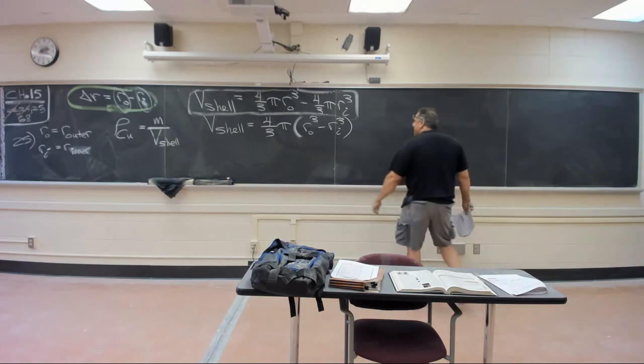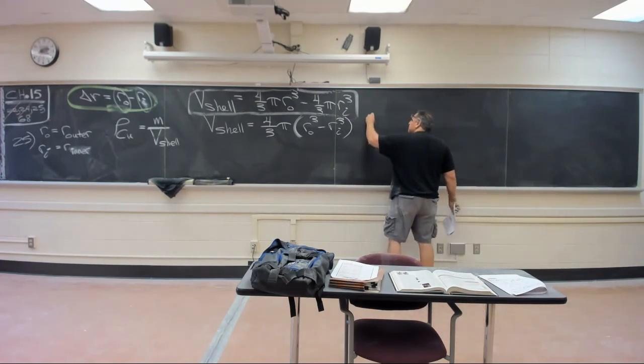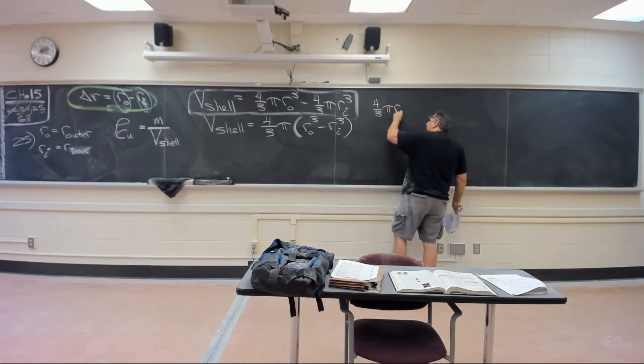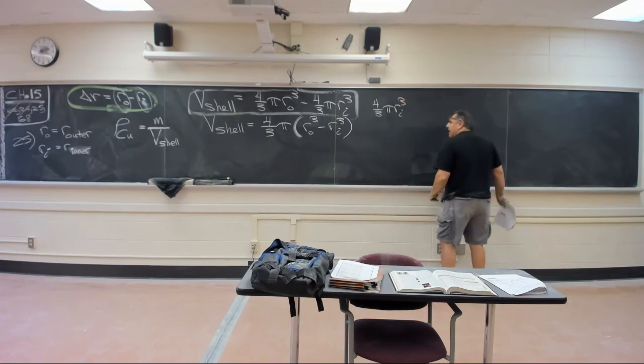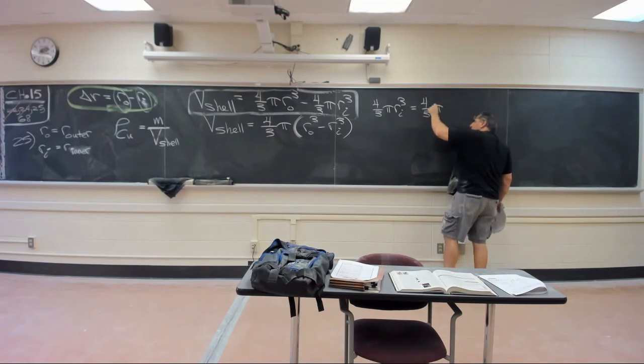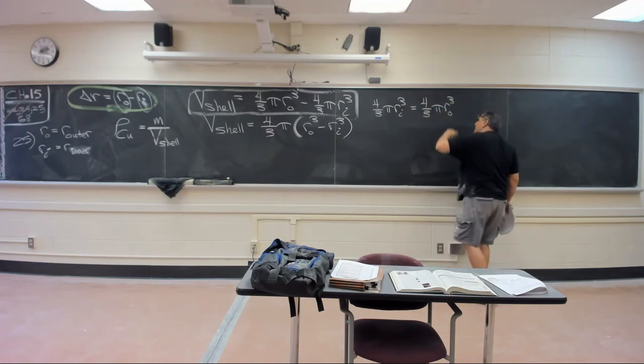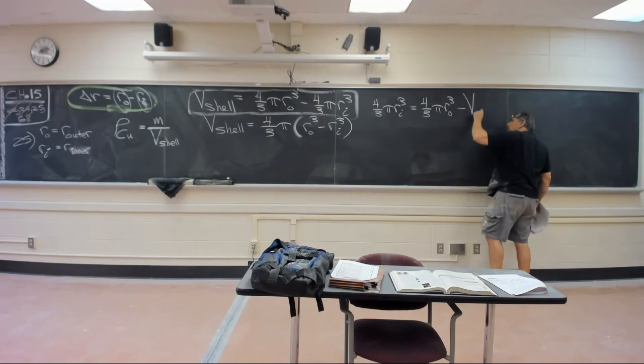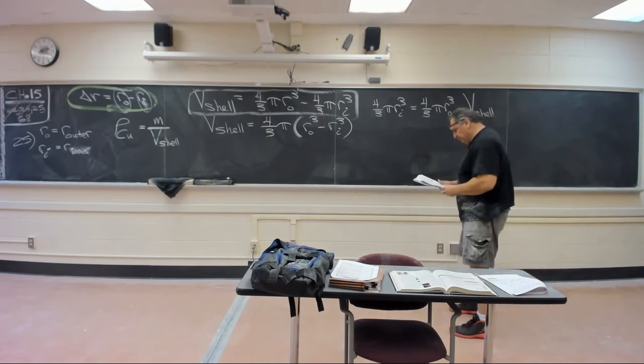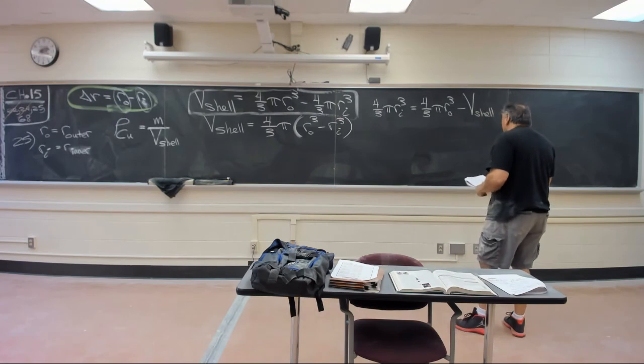But let me solve for the inner. Let me add 4/3 pi r sub I cubed on each side and subtract V shell on each side. What do you say?